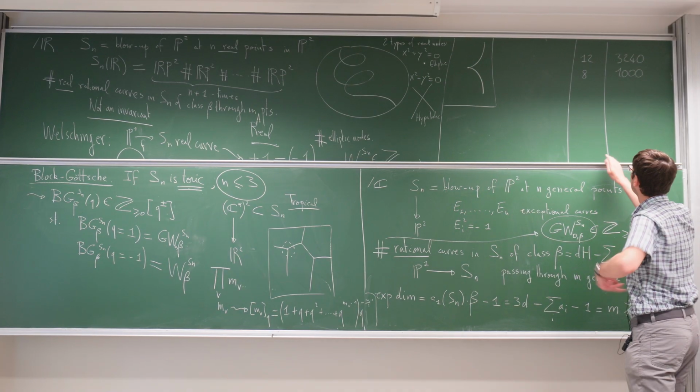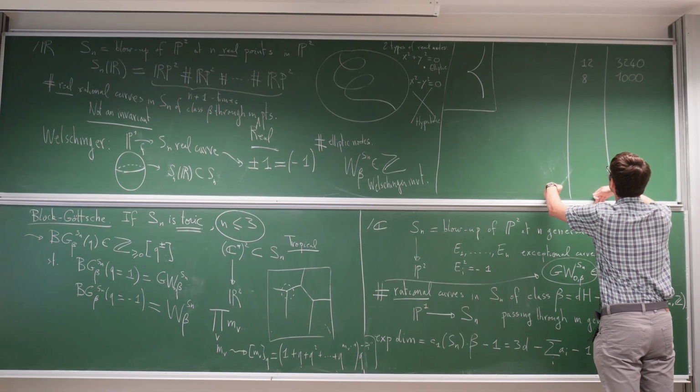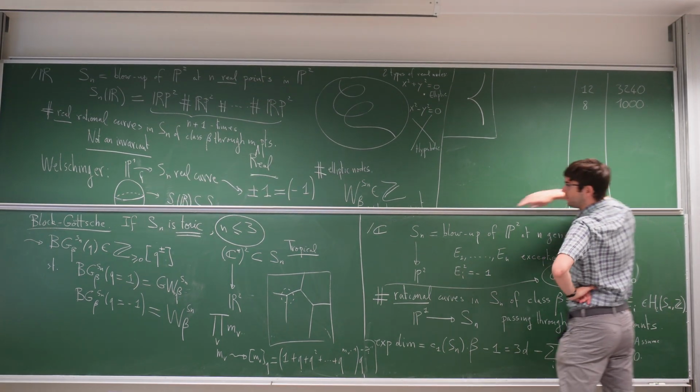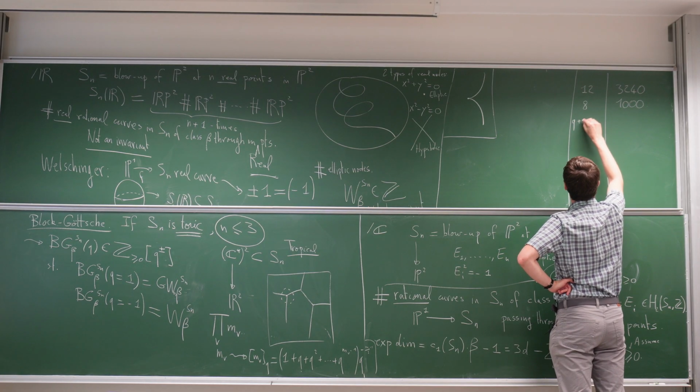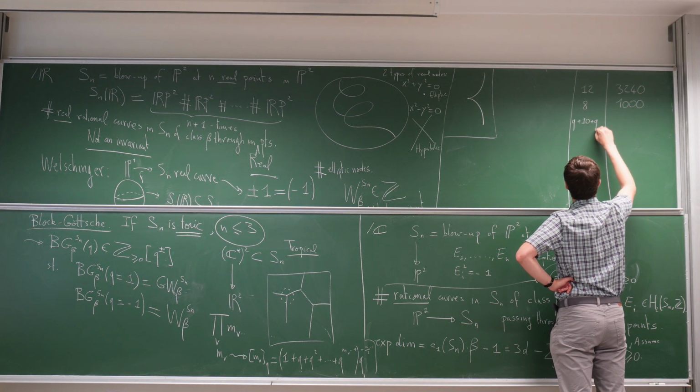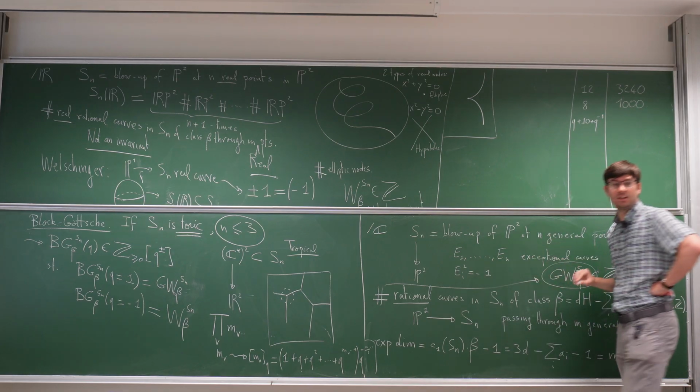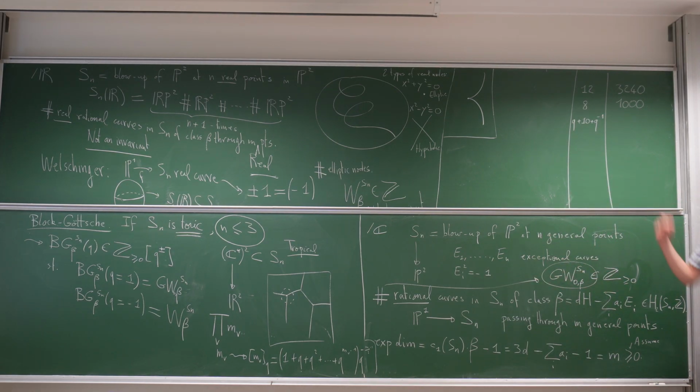So for example, for this 12 and 8, this was just P2, which is toric, so you can do that, and you will get q plus 10 plus q inverse, which indeed for q equal 1 gives you 12, and for q equal minus 1 gives you 8.